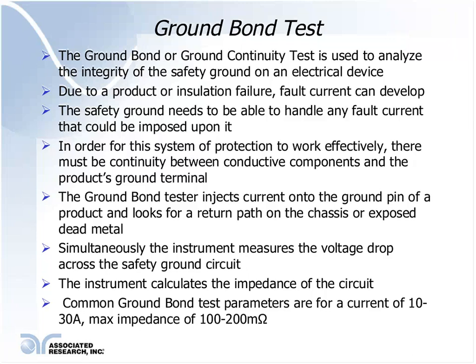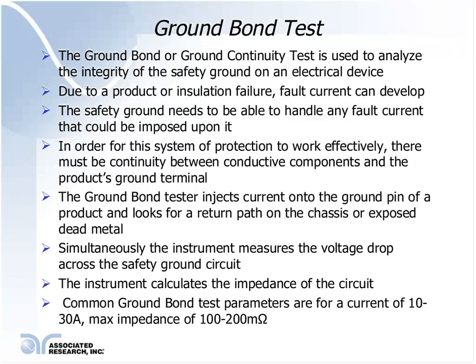So essentially, high current, which is in the range of 10 to 30 amps based on agency standards, is being pumped through the ground pin of a device, and the instrument is measuring the voltage drop across the safety ground circuit to calculate the impedance of the circuit.